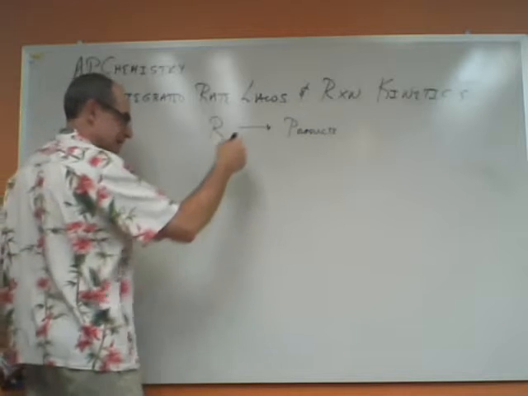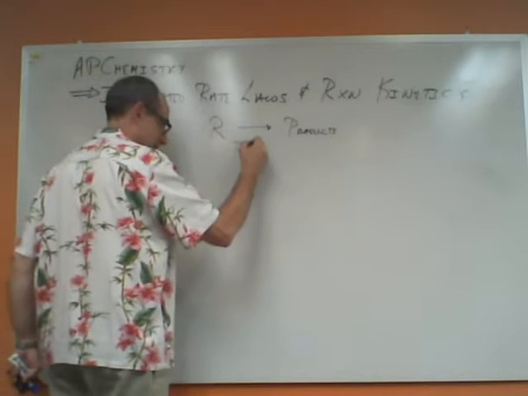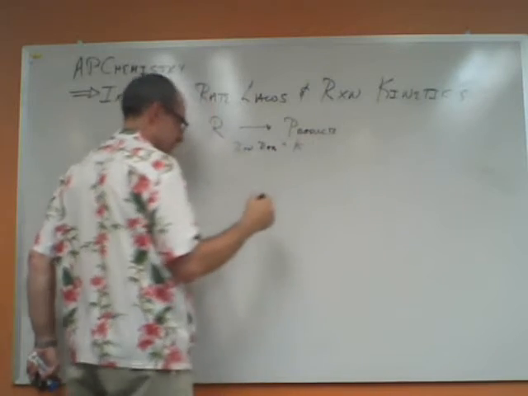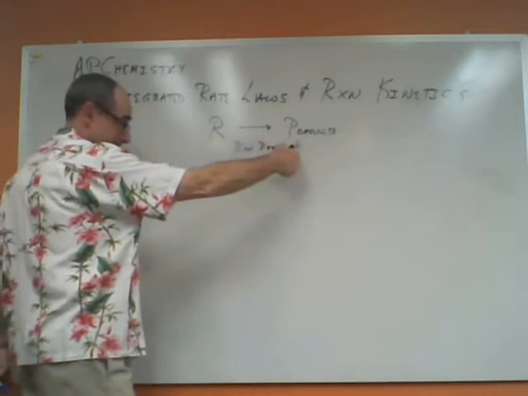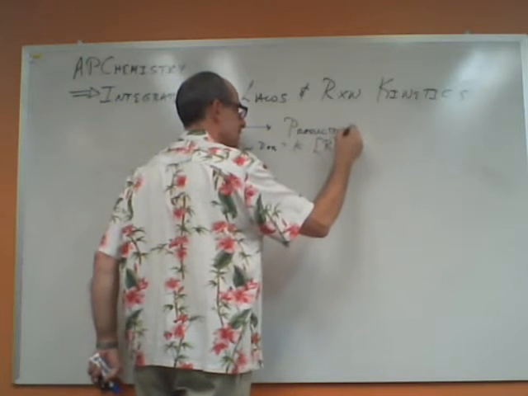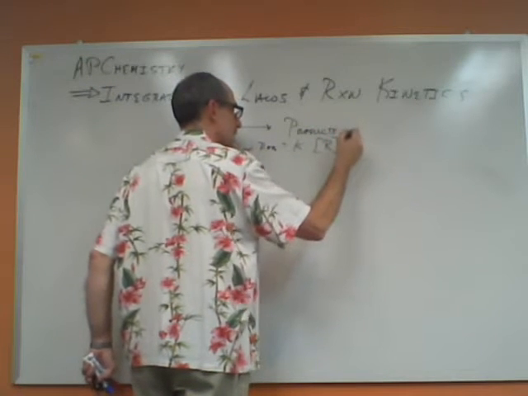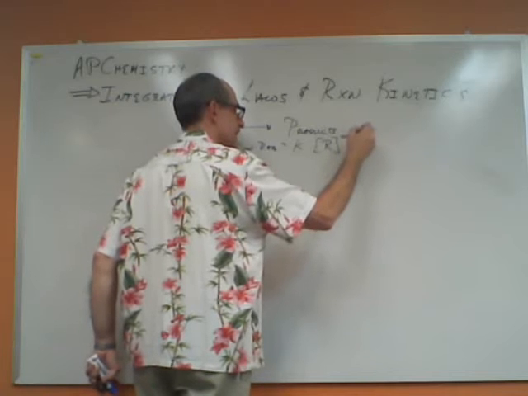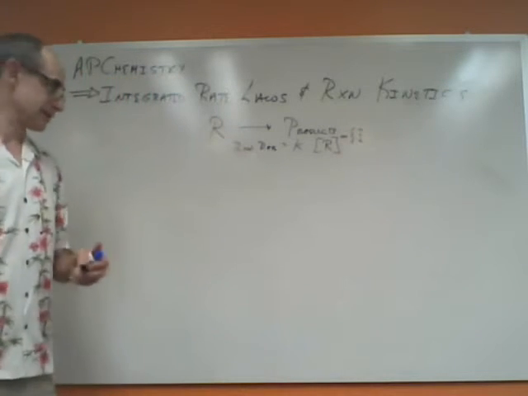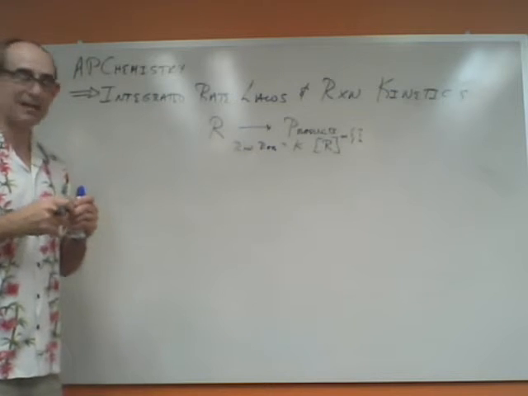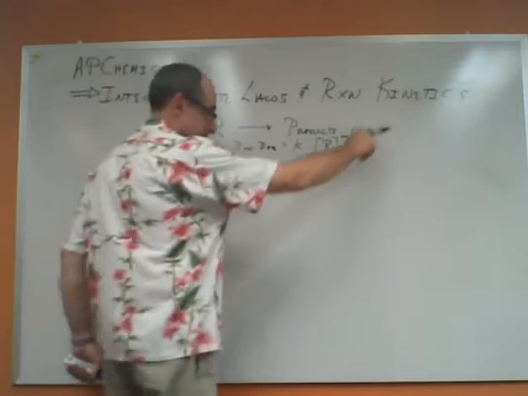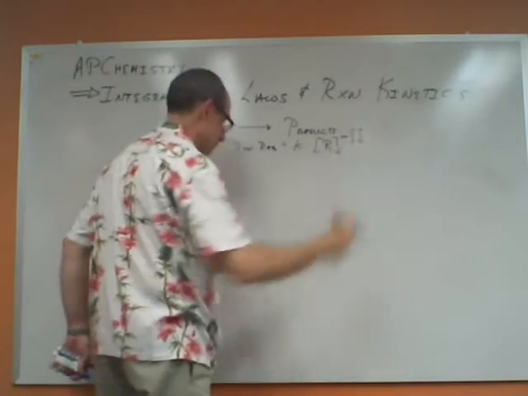In this case, the reaction rate is equal to some constant, the rate constant, times the concentration of our sole reactant to some power. And this power is typically either 0, 1, or 2, and it generates interesting and somewhat mathematically tractable curves. And then we'd call this a 0th order or 1st order or 2nd order reaction.